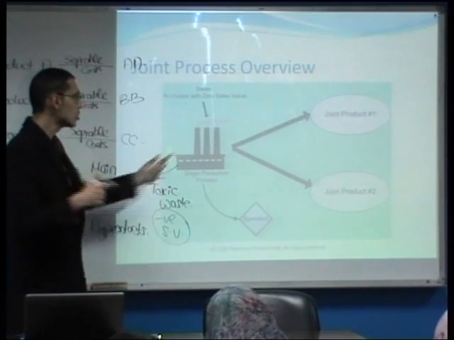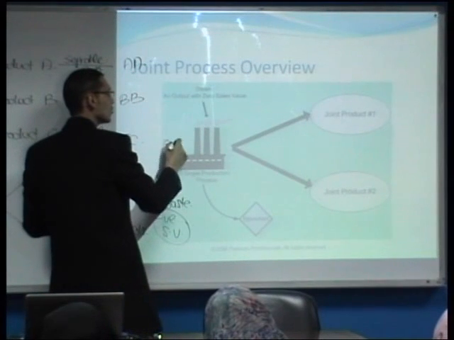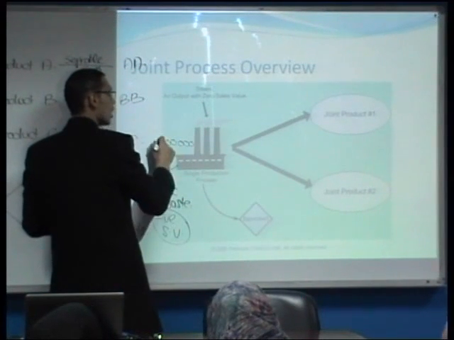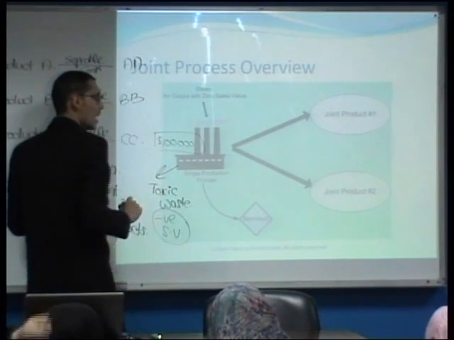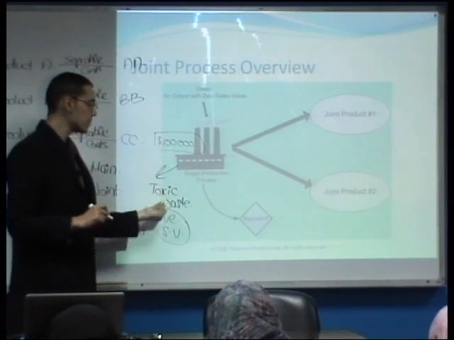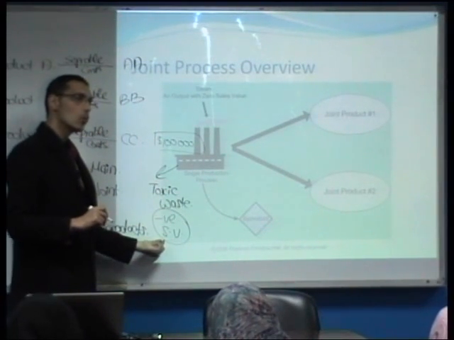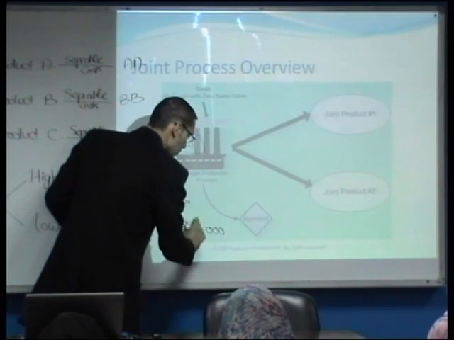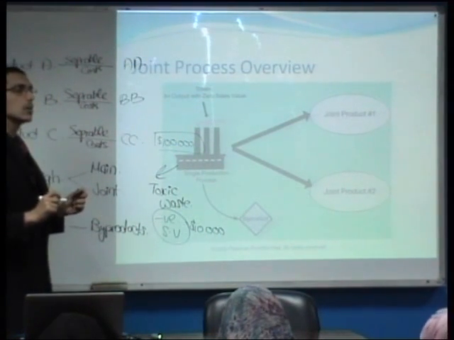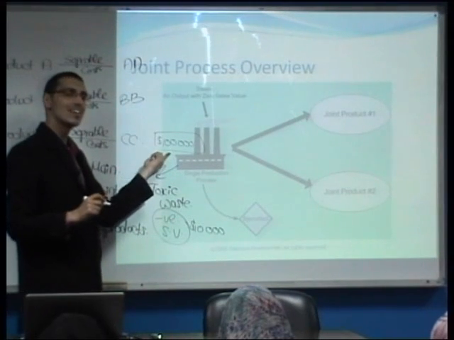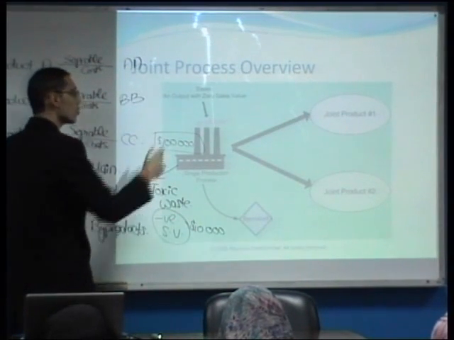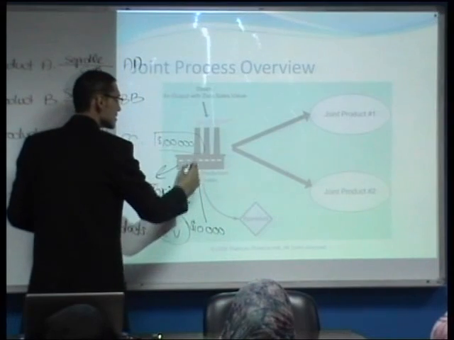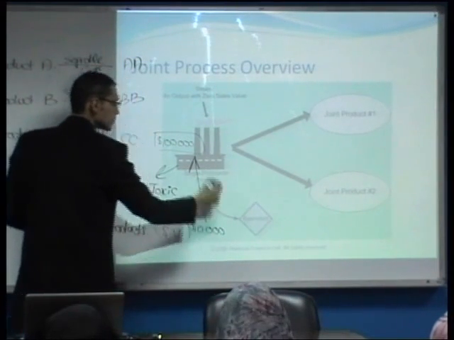For instance, if the joint costs here are $100,000, and getting rid of the toxic waste would cost us, for instance, $10,000, therefore the joint cost is not only $100,000, but $100,000 plus the $10,000.